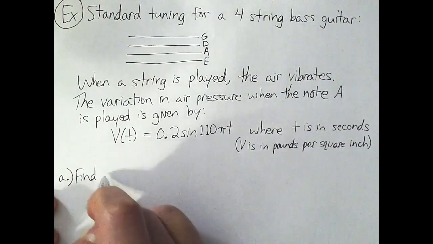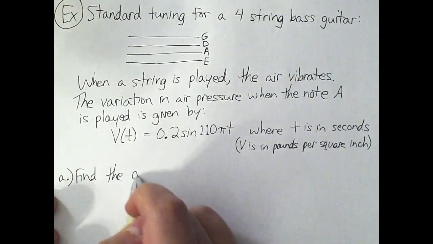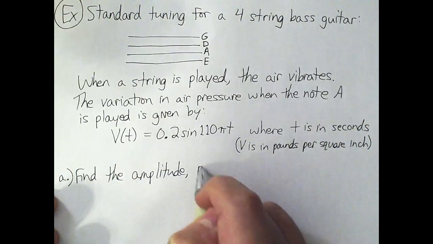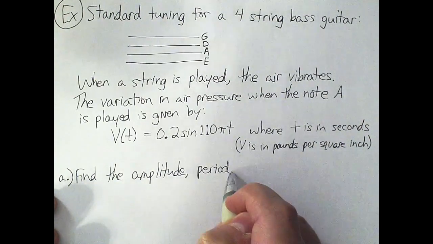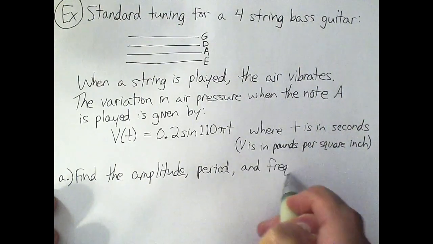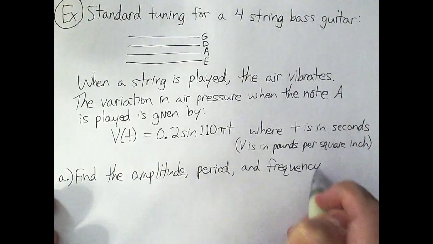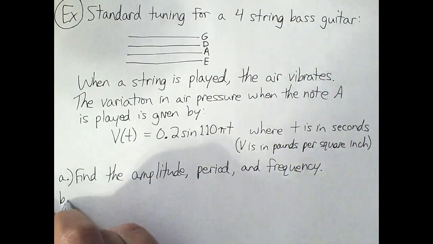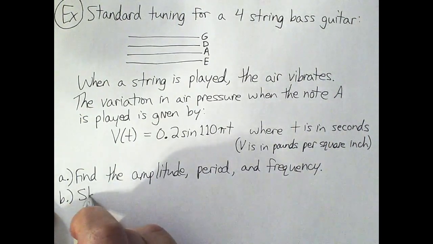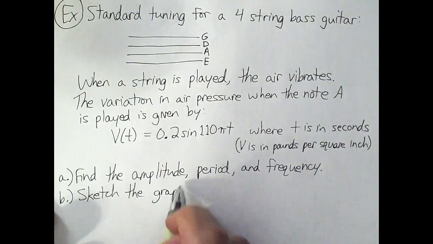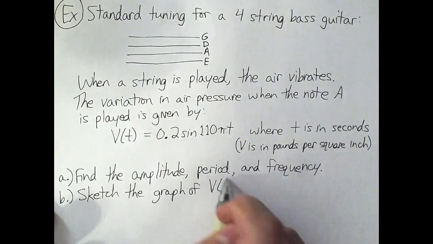Part A is going to be find the amplitude, period, and frequency. We should be able to do that based on what we've said so far. Part B, I'm going to say sketch the graph of v of t.